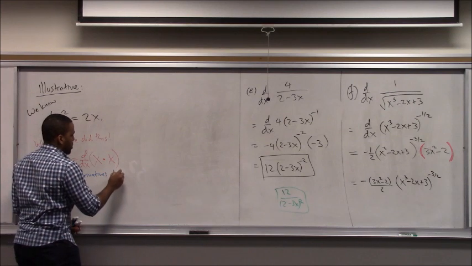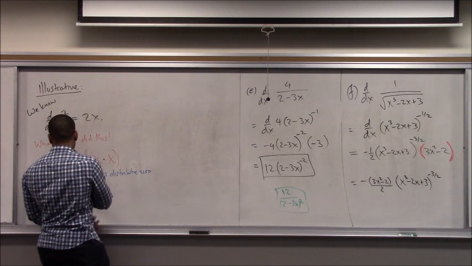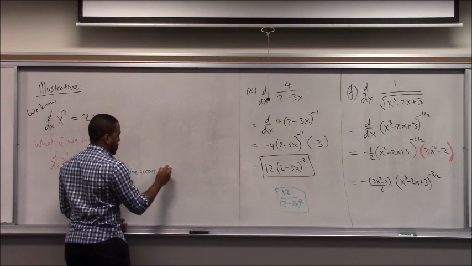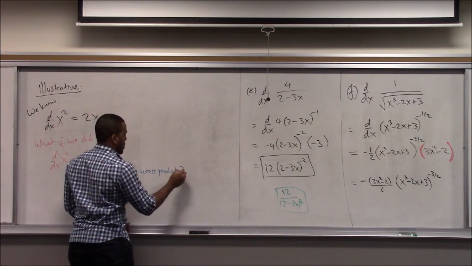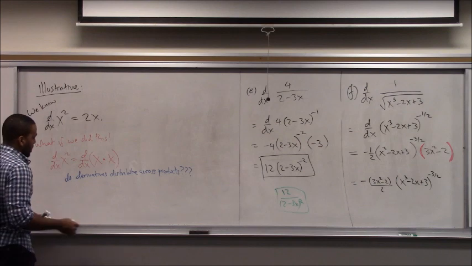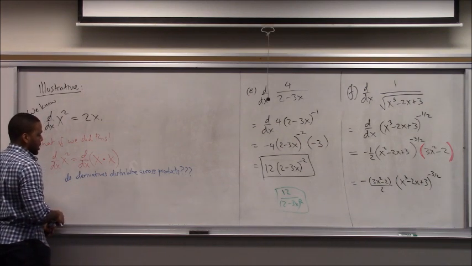And so now you might think to yourself, derivatives distribute across products. And so you might test this theory, right? Because it distributes when there's a plus sign there. Would it distribute when there's a multiplication sign?